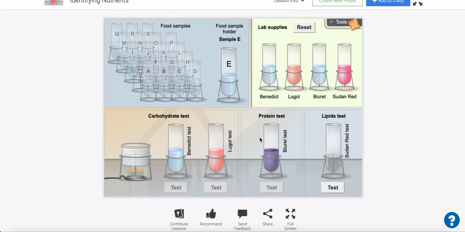Okay, that's positive. Proteins turn purple. You can always remember P and P. Protein, purple. And for the lipids, we're looking for red spots. If we don't see red spots, if it's all red, then it's a negative test. There we go. That's red spots. So it would be negative, negative, positive, positive. All right, let's reset and let's do G.